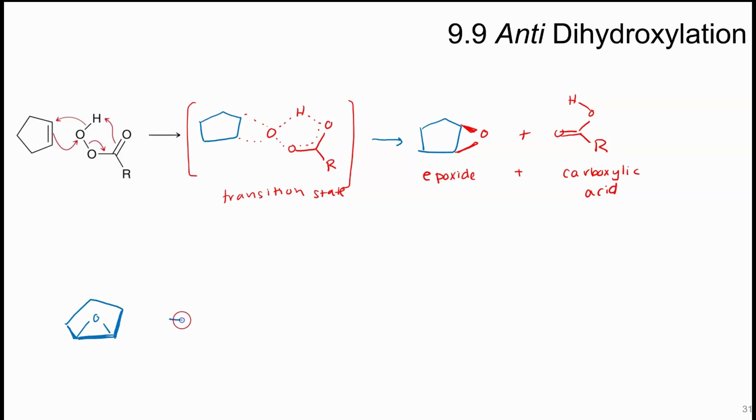Once the epoxide is formed, acid is present. Can do a proton transfer. So that gets protonated. We have this oxonium. Water is a nucleophile, and here we have two partially positive areas, so we'll get a nucleophilic attack.